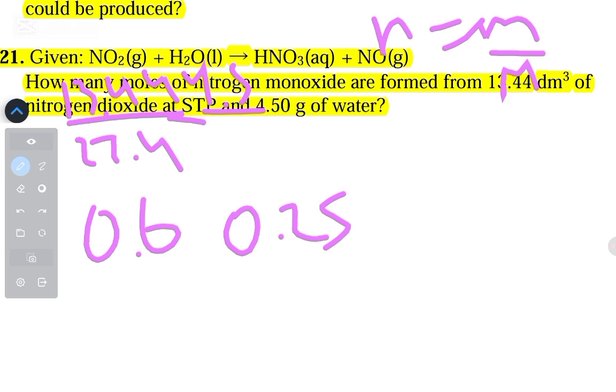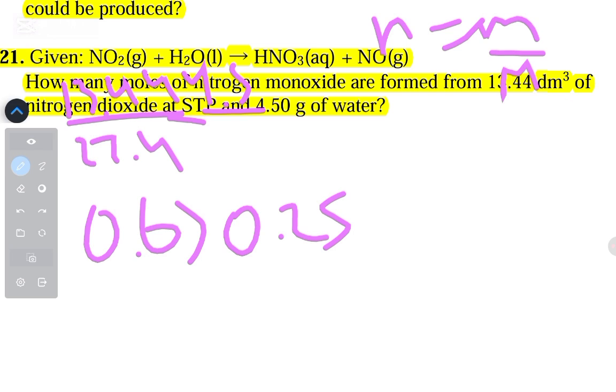Now we divide by the coefficient, but the coefficients are all 1, so it's 0.6 and 0.25. Which one is bigger? 0.6 is bigger. So nitrogen dioxide is the excess. It's way more than there is of water. Water is the limiting reagent. Nitrogen dioxide is the excess reagent.